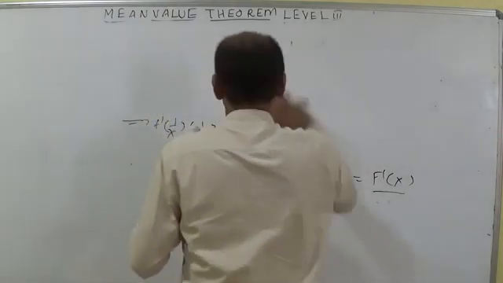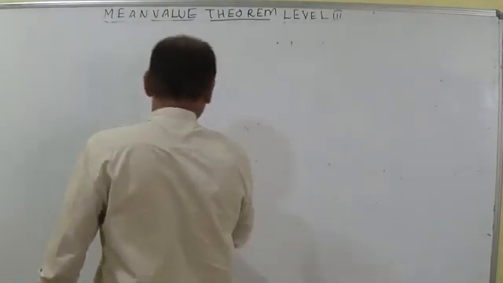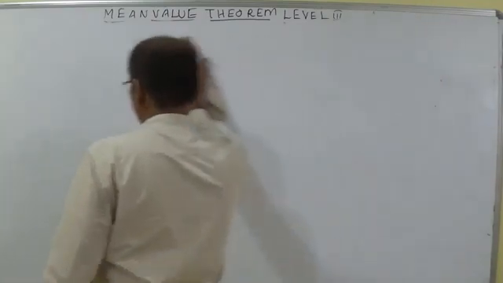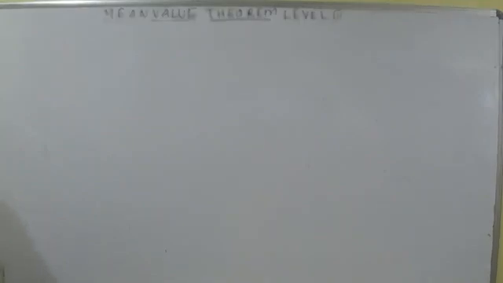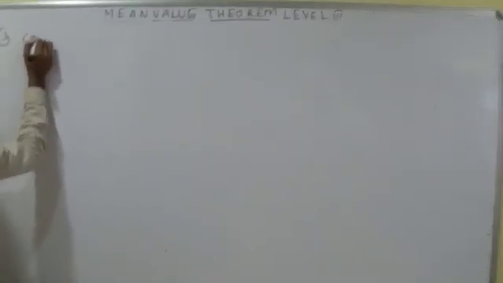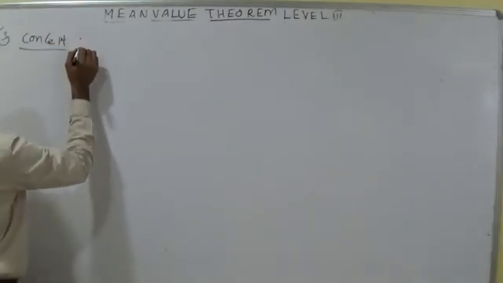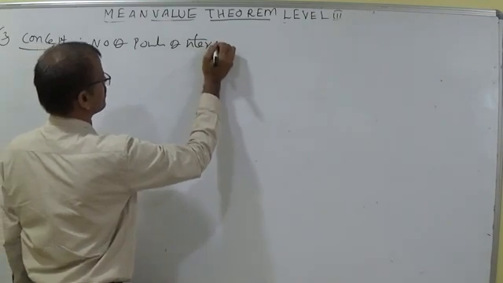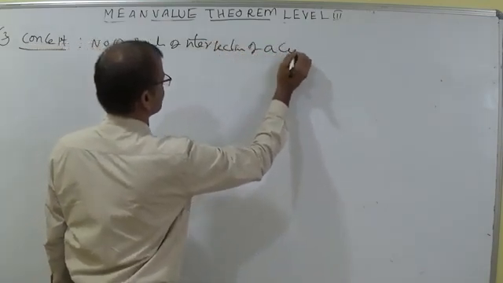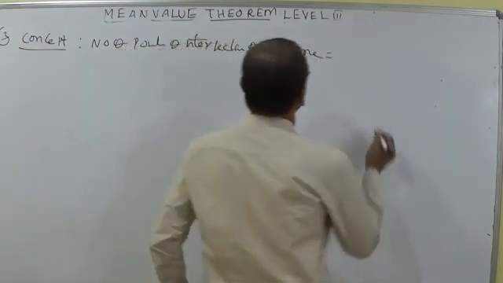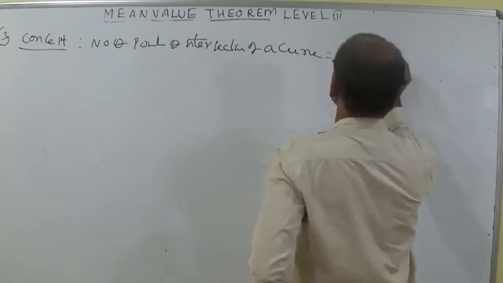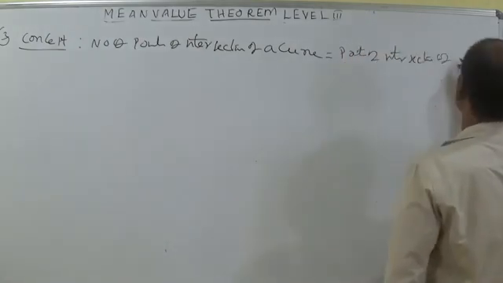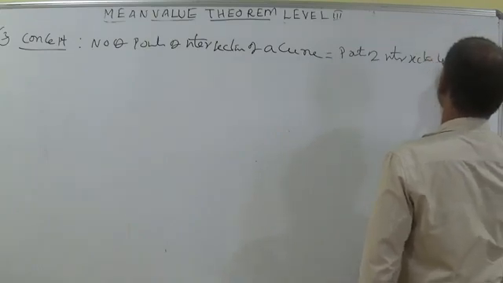Next, 13th question. Before discussing the 13th question, some concept is there: the number of points of intersection of a curve. The number of points of intersection of a curve is equal to the points of intersection with the x-axis, I am writing.